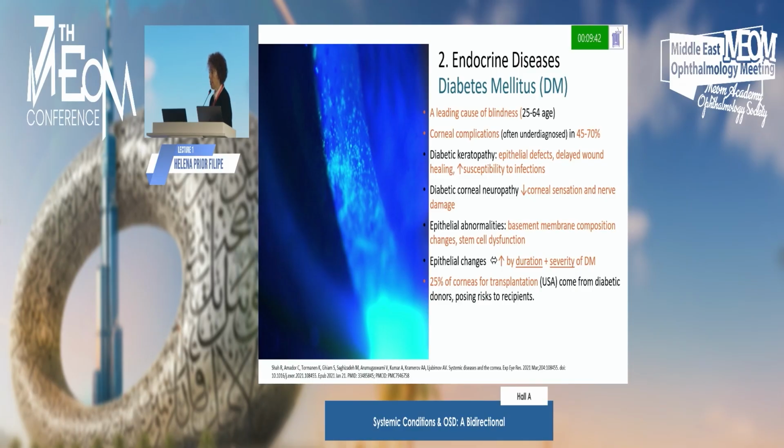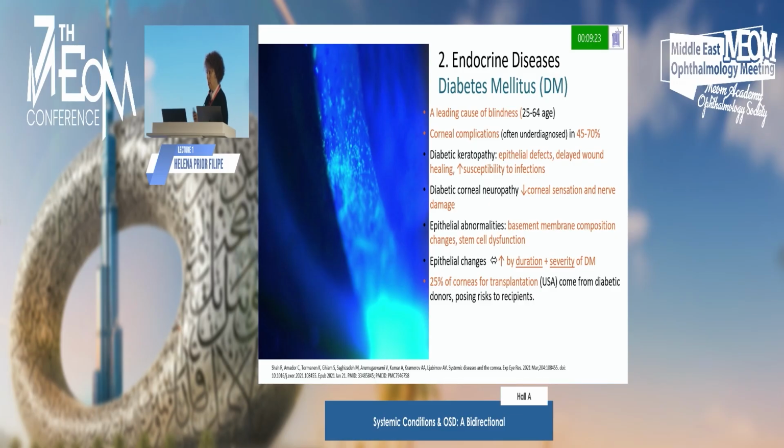Regarding epithelial abnormalities, we can see that there are alterations in the basement membrane composition and also stem cell dysfunction. Epithelial changes are related with the increase in duration and severity of diabetes mellitus.